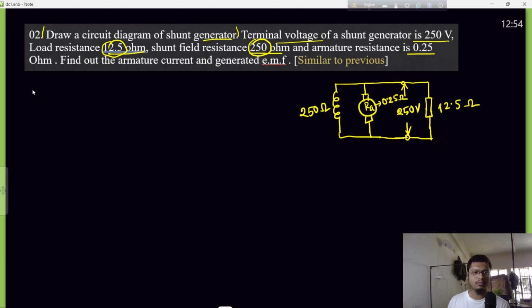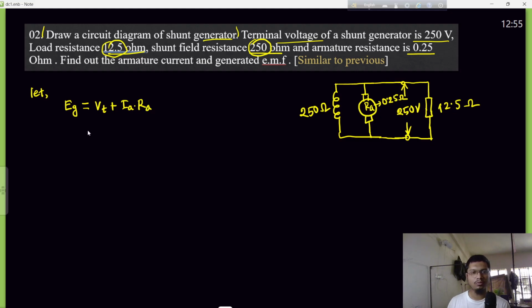So let's try to set the equation of generated EMF. According to KVL, we can write EG, that means generated EMF, equals terminal voltage plus armature current multiplied by armature resistance.